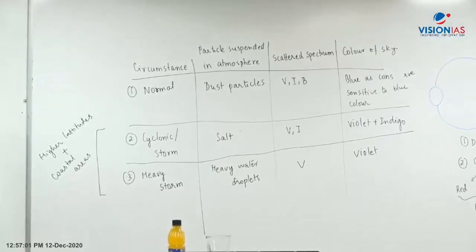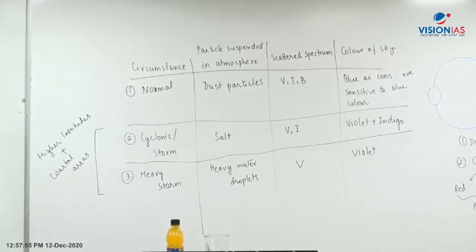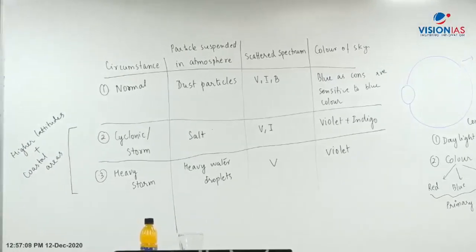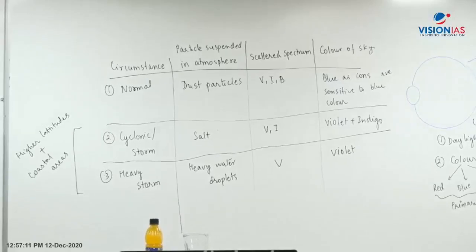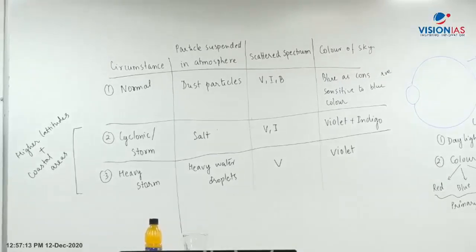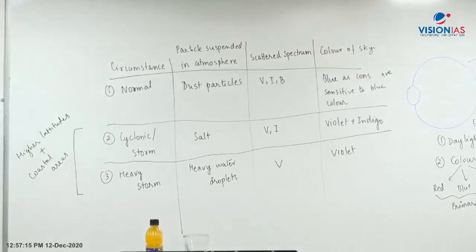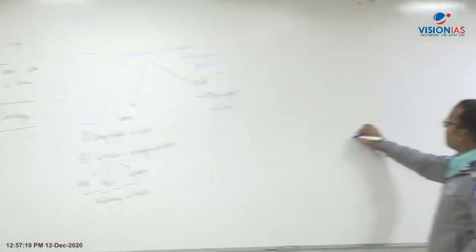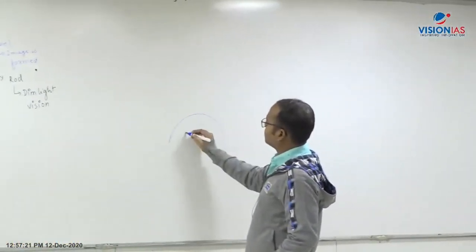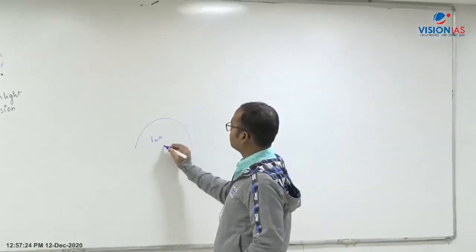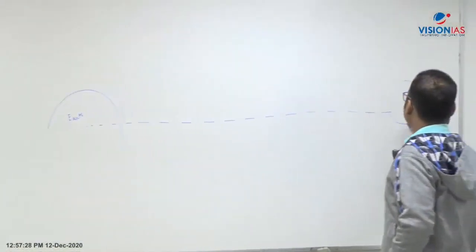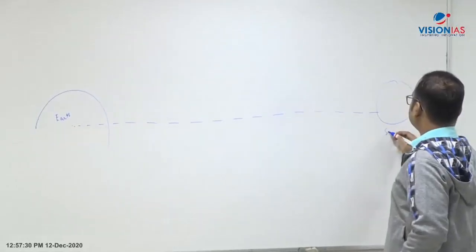So now one more observation before leaving: sometimes the sun appears to be red during dusk and dawn, and the sun appears to be colorless during noon. Why is it so? Again I am writing on the board, you just copy. Suppose this is your earth, and suppose this is your sun.